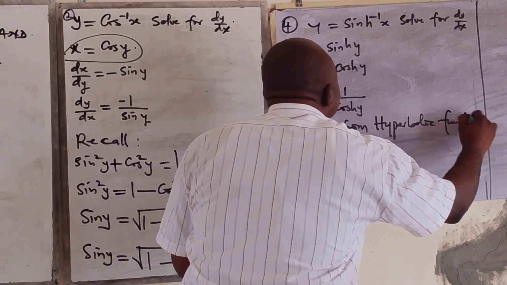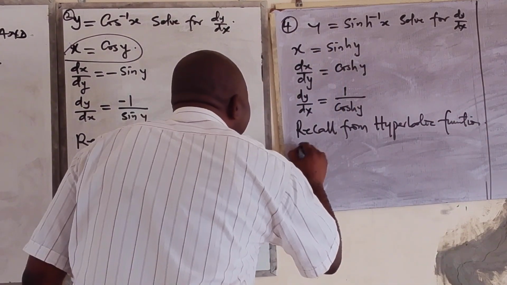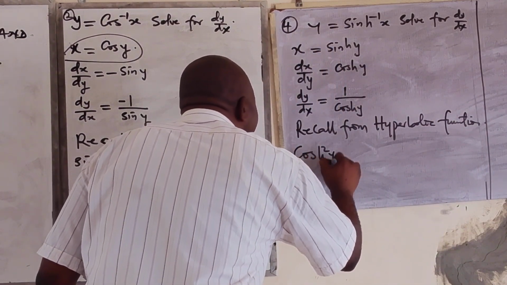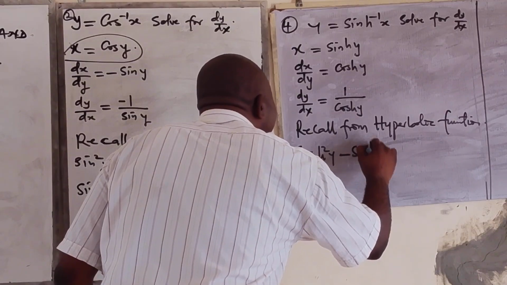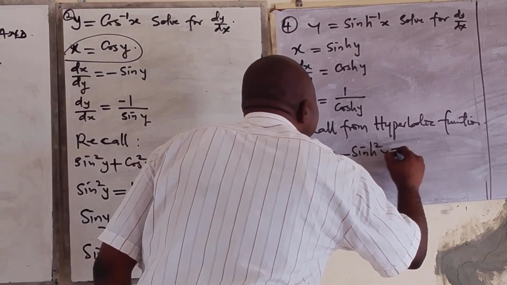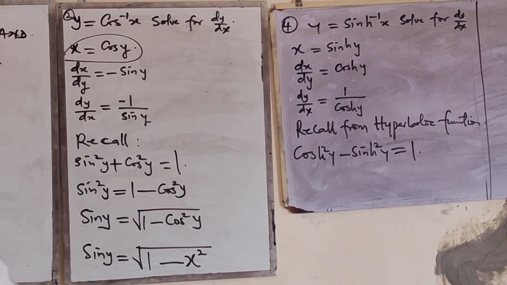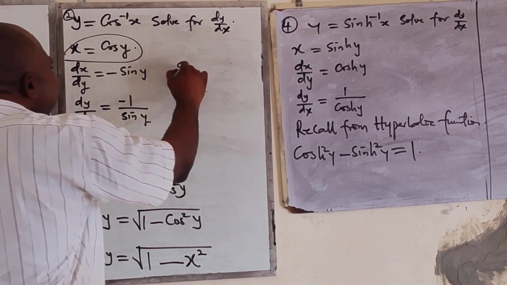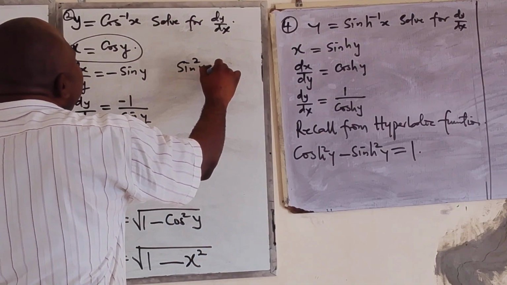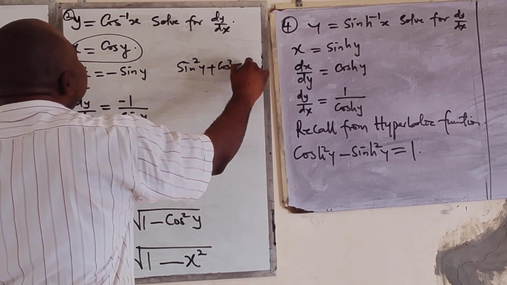Yes, hyperbolic function. Now cos h square y minus sine h square y is equal to 1. Unlike trigonometric functions where we have sine square y plus cos square y is equal to 1.